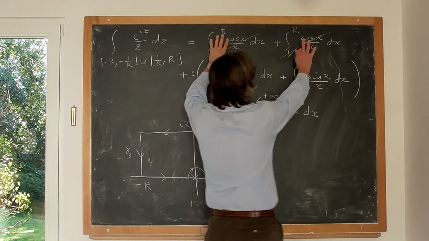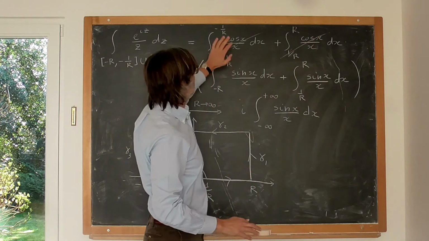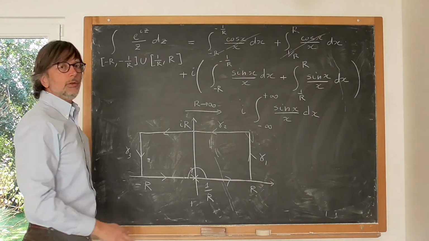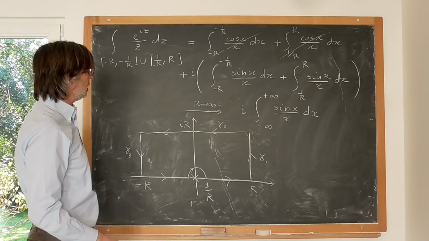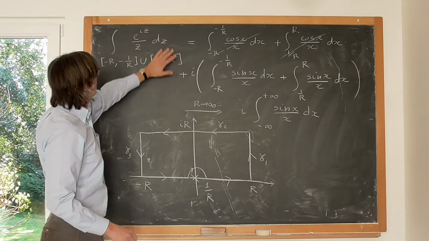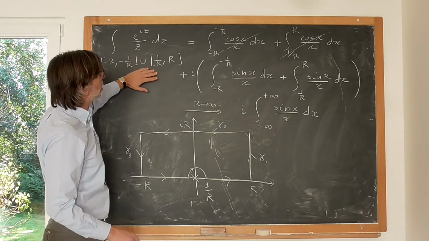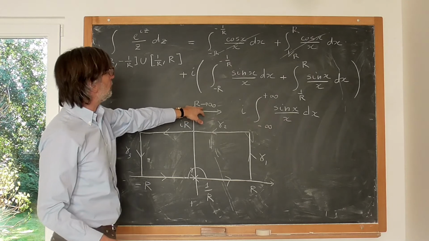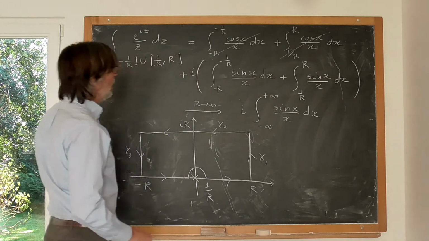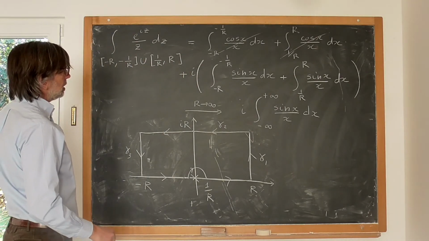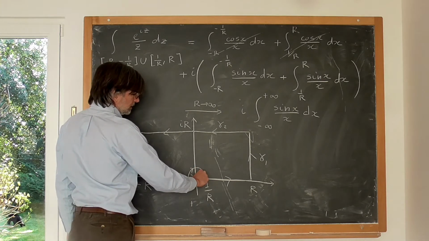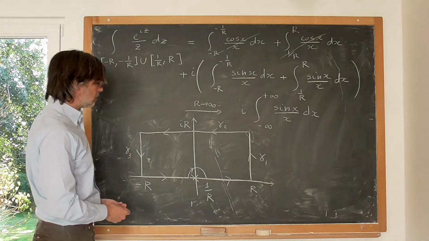Okay, so the sum is 0 for every r, but separately each of these two integrals would diverge. One goes to plus infinity and the other one goes to minus infinity. But in total this integral converges for r going to infinity to I, the integral we are interested in. So the last bit that we have to analyze is the integral over this half circle.